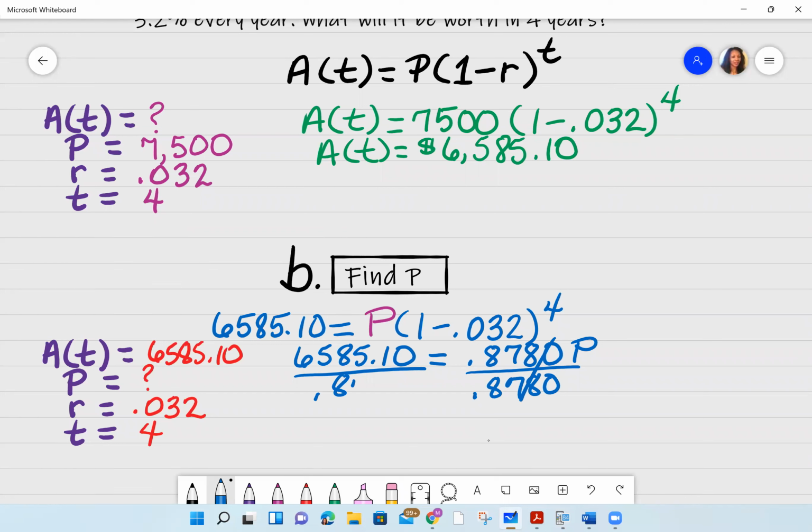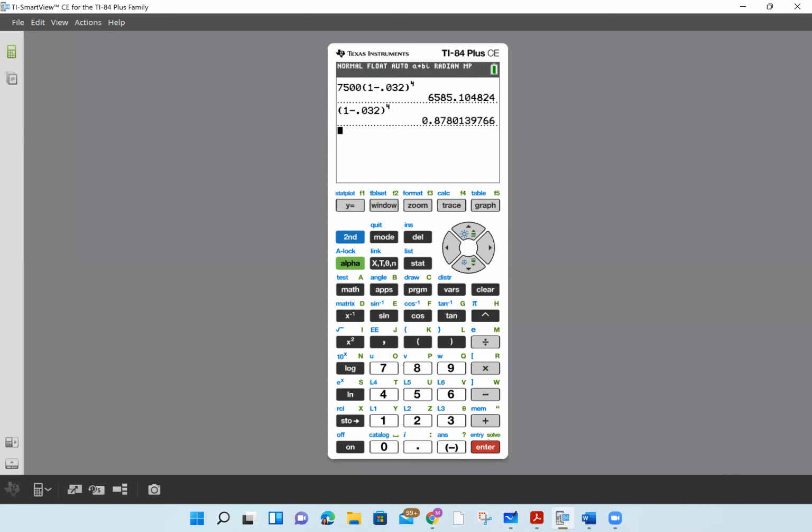What I do to one side, I have to do to the other. And then I'm just going to put my variable on the left-hand side. And in my calculator, I'm going to type in 6585.10, and I'm going to divide it by the entire decimal that was above. So I'm going to go to second negative. That will copy this entire decimal so I don't have to type all of that in. Hit equal.